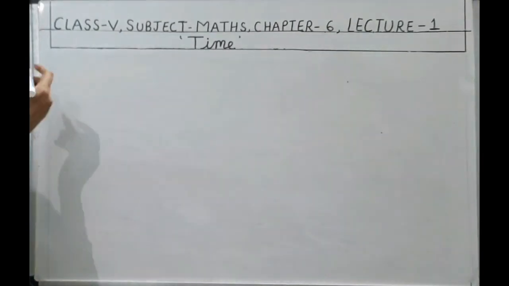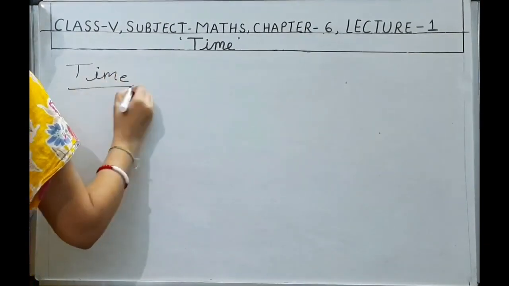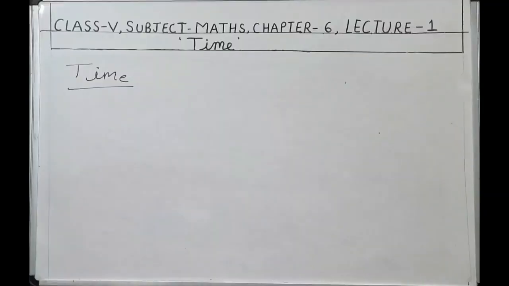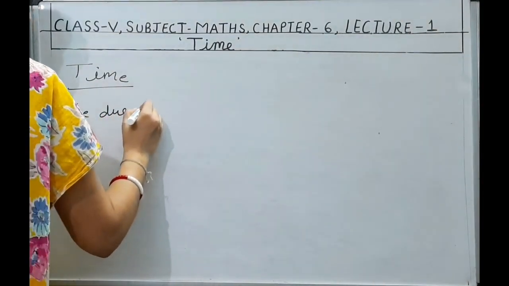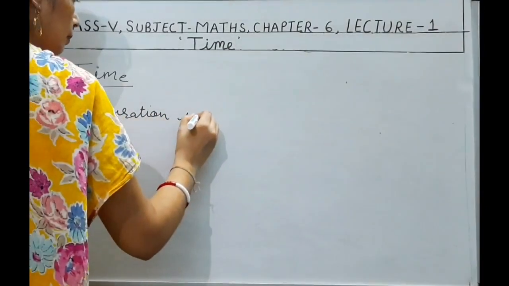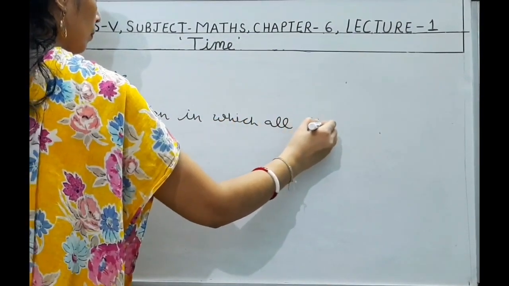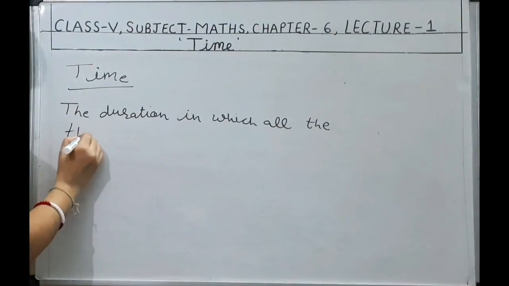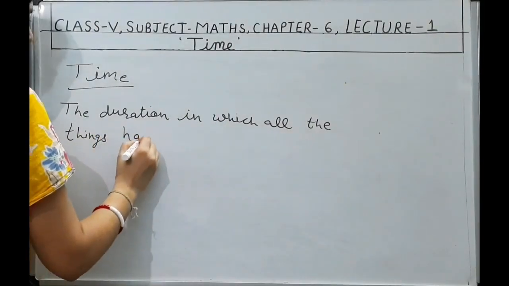Now, first of all, what is this time? Name of the chapter is time. Time है क्या? Let me tell you in a very simple way. Time is defined as the duration in which all the things or events happen.